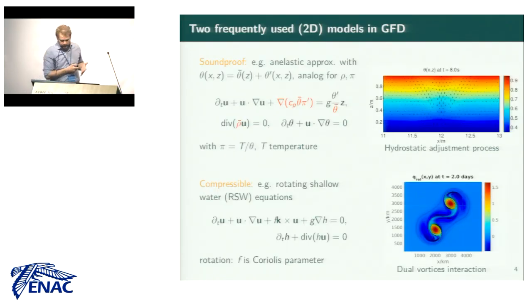The models I'm going to discuss here are soundproof models and compressible models. Let me explain soundproof models. They are called soundproof because we filter out sound waves, which are supposed not to be important in atmospheric modeling. Here we have the momentum equation, and in this momentum equation, we have two terms.